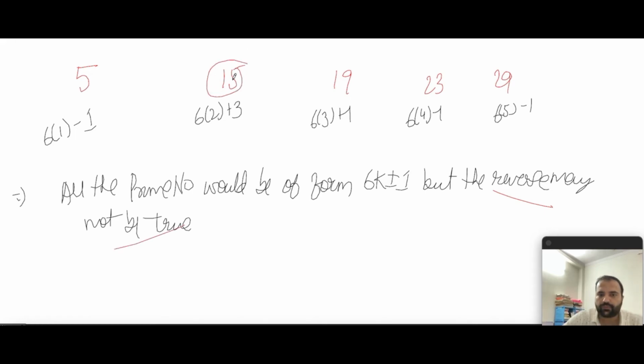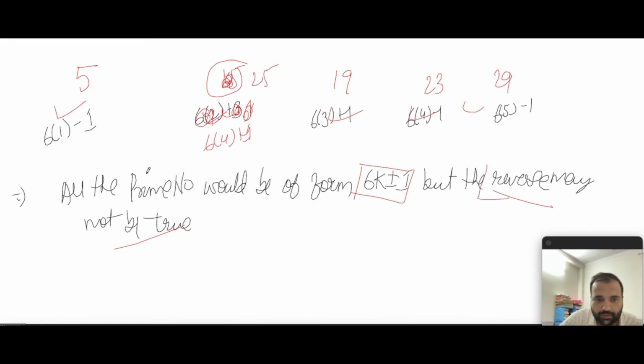So you can see 15 also fulfills the criteria, it is 6k plus 3, I'm sorry. Hang on, 15 we have taken wrong, we can take 25 over here. This is 6 into 4 plus 1. So you can see over here that it fulfills this criteria. Prime numbers follow it, but there are so many other numbers which fall into this category, so the reverse may not be true as well.